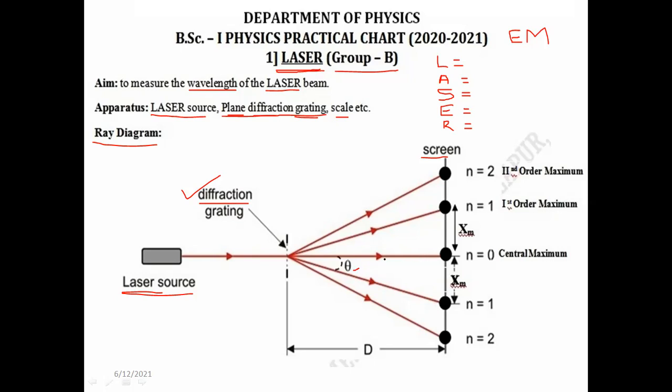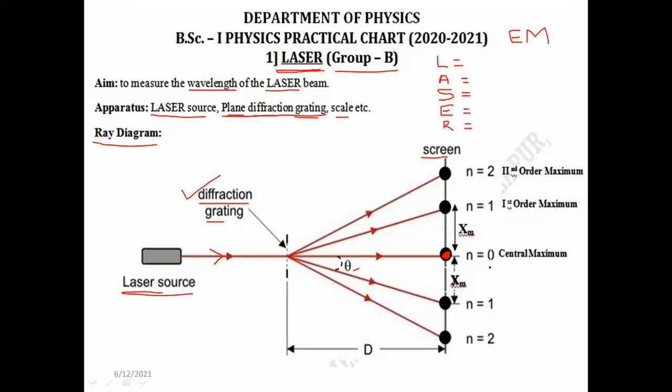So at the center, suppose the diffraction grating is absent, then this ray would continue its journey towards the screen, and it will hit the screen at this particular point.